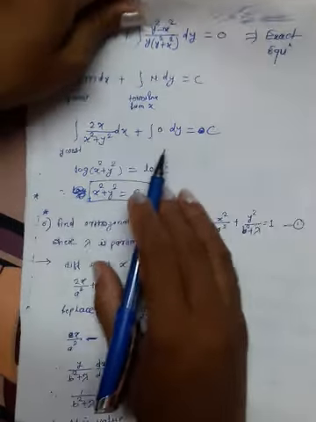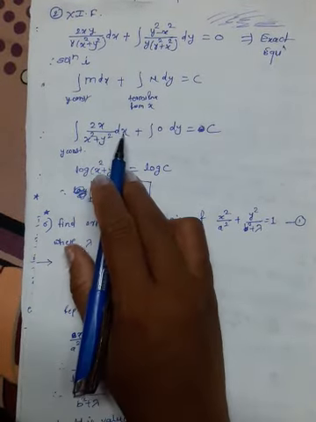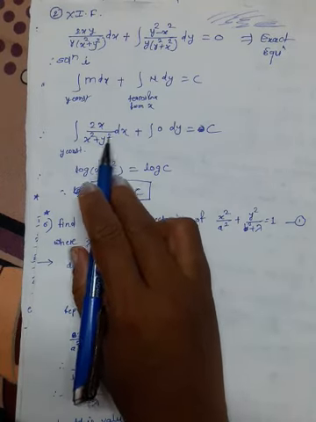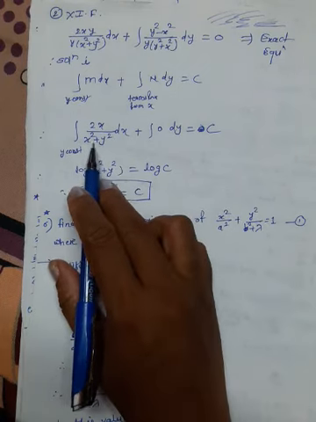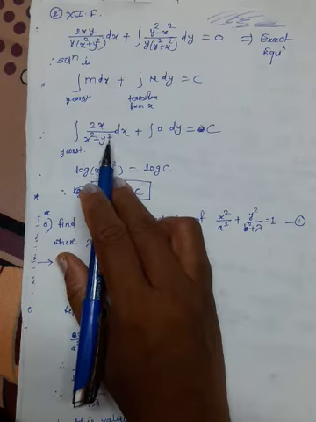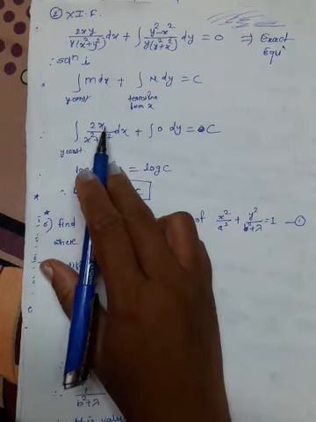Now to solve this integration, which is with respect to x, y is constant. If you observe this integration, the derivative of the denominator with respect to x is 2x. This y square is a constant, that's why its derivative is 0, and the derivative of the denominator is present in the numerator.